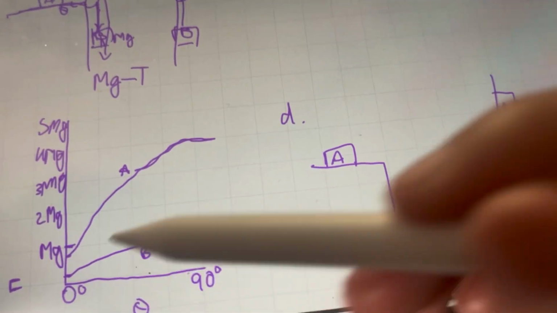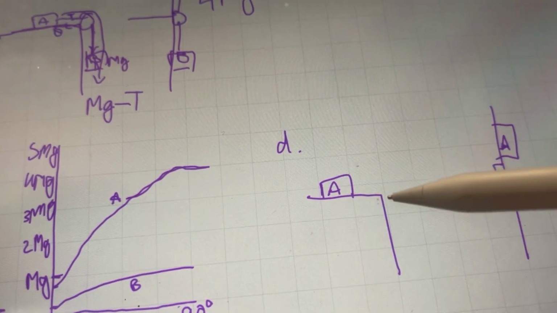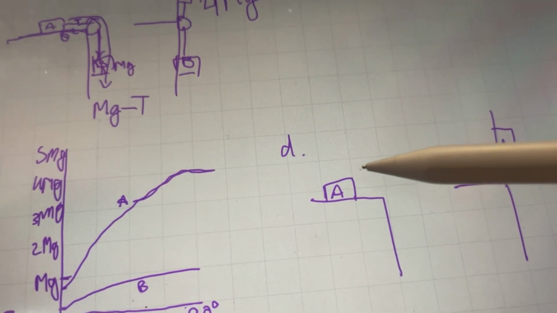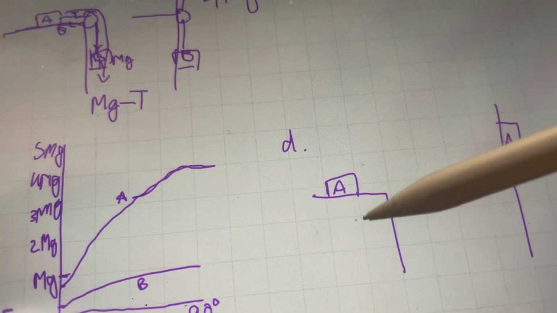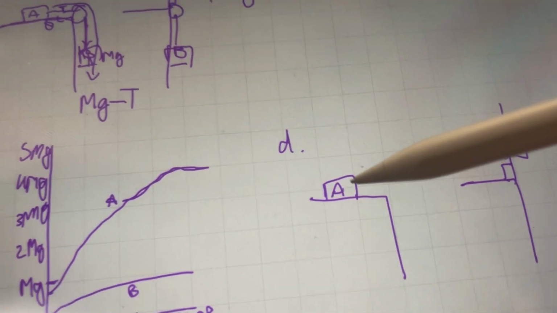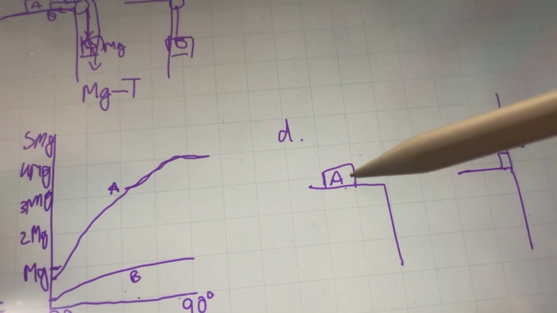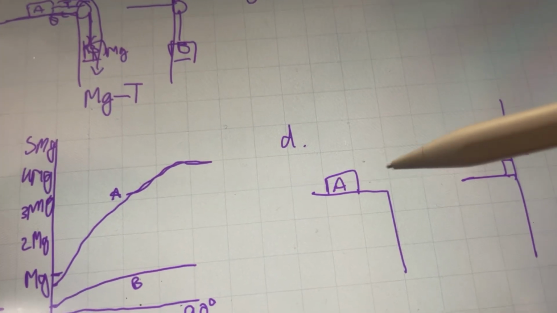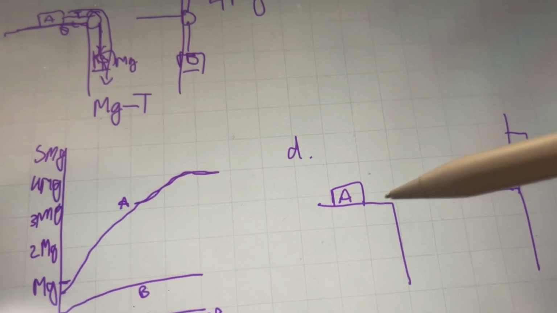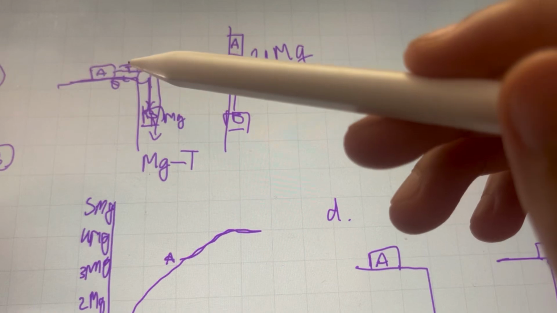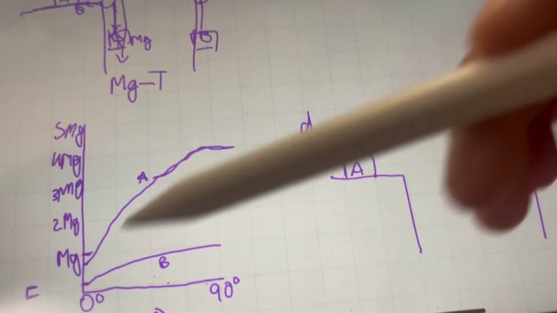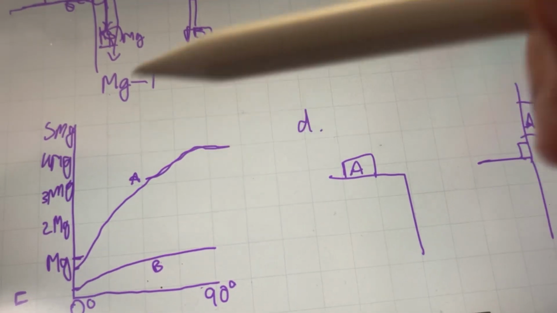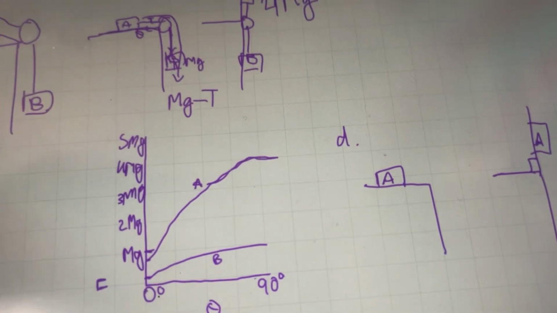However, the beginning will, because there's no string and no block B, so there's no force pulling it horizontally, but in this case there is, which is why its starting point would be different. So that's my explanation.